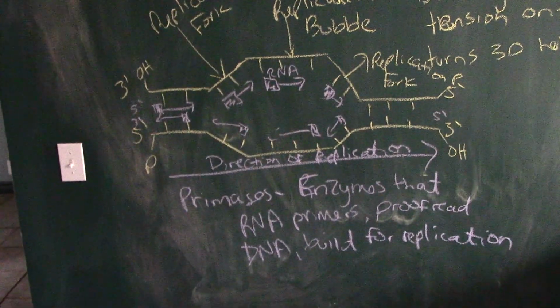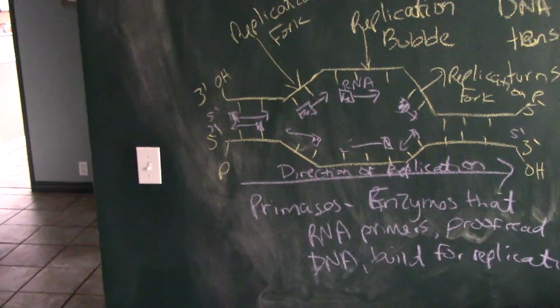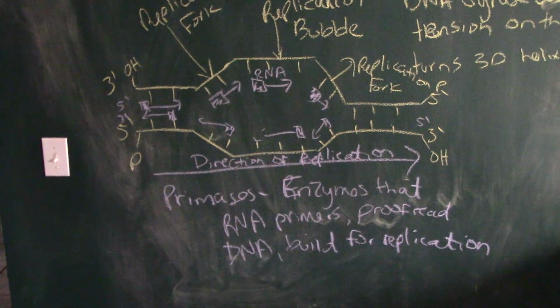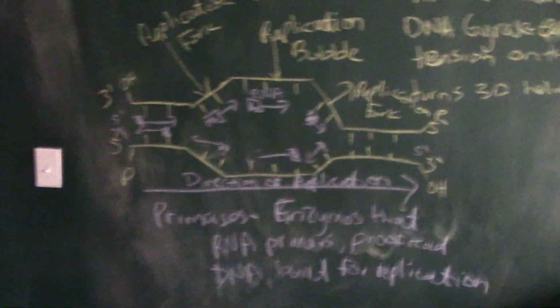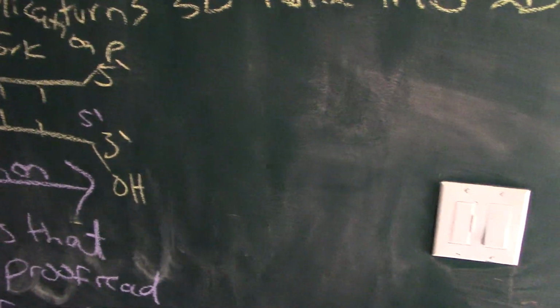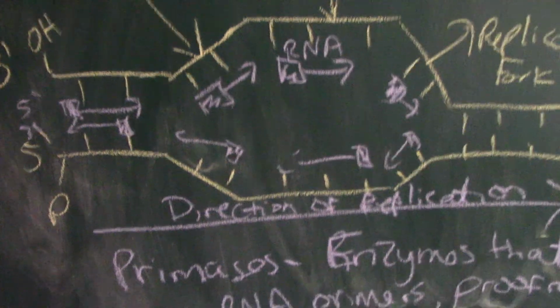All right, now once the primers have come in and everything's okayed, everything looks good, and the replication can proceed, what will happen is a series of enzymes called DNA polymerases will come in.